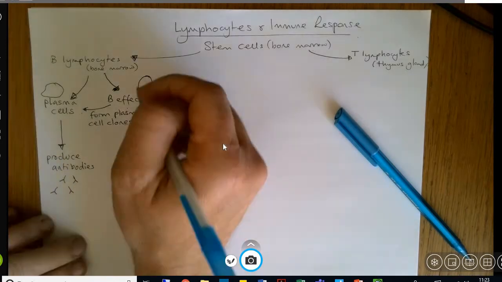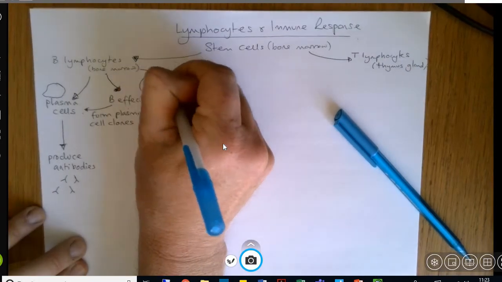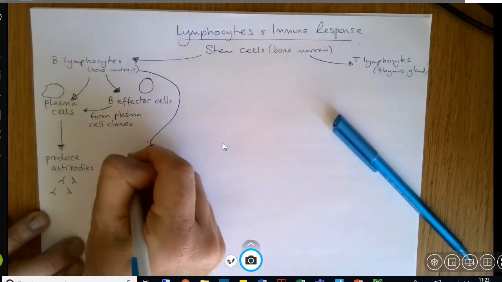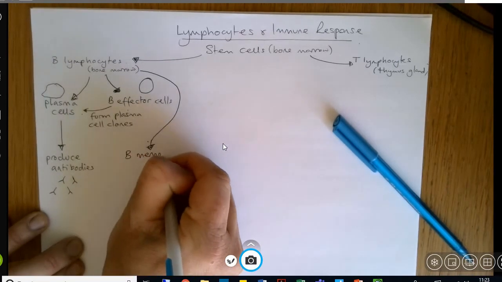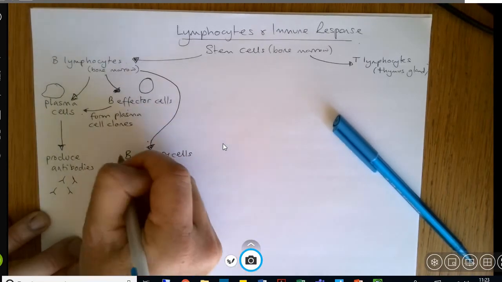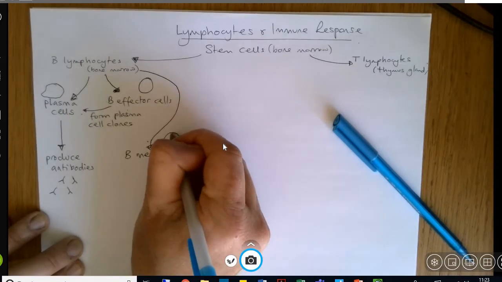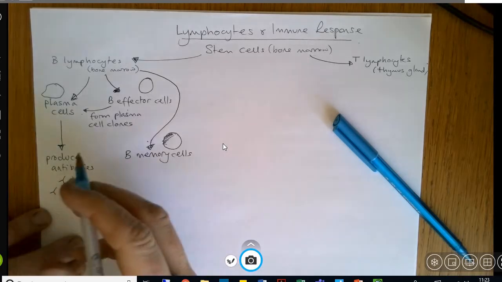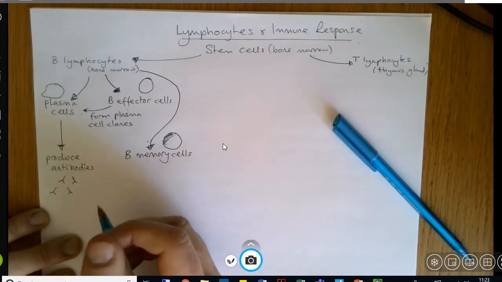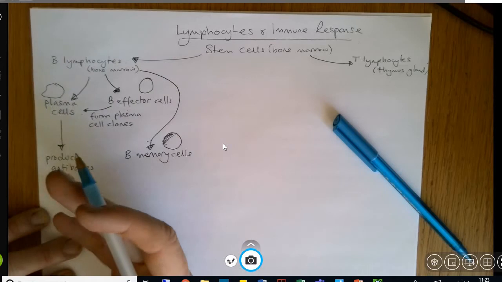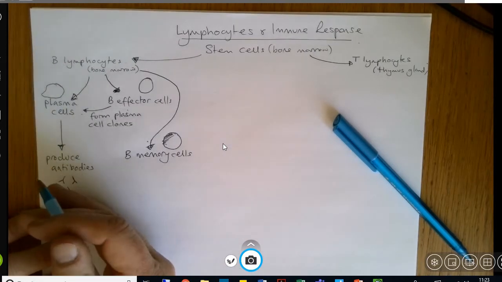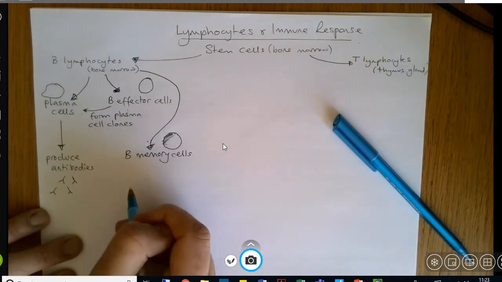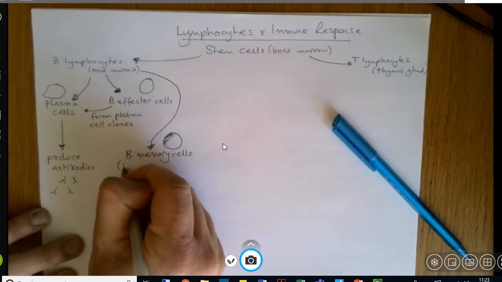Then the final other type of cell that we have is something called a B memory cell. Now remember, I mentioned antibodies being able to be reproduced much quicker the second time around when we meet a disease a second time, and this is where the B memory cells come into action. They are very long-lived.